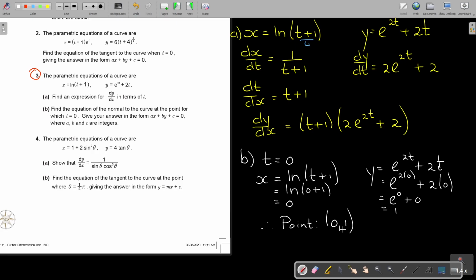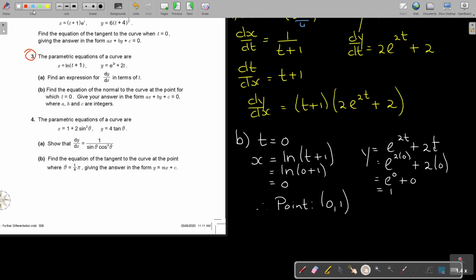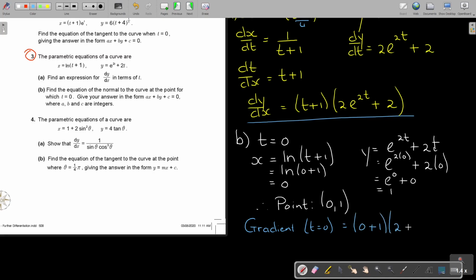Okay, so now the gradient. Let me use another color. The gradient when t equals 0, I just put it in there. So I'm going to get 0 plus 1, times 2e to the power of 0 plus 2.